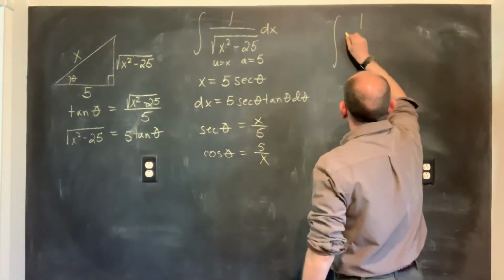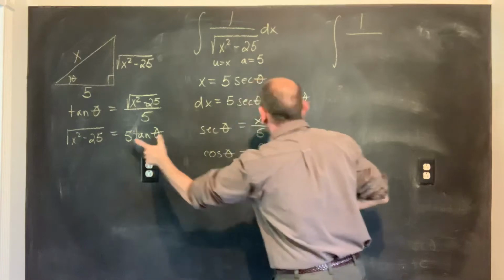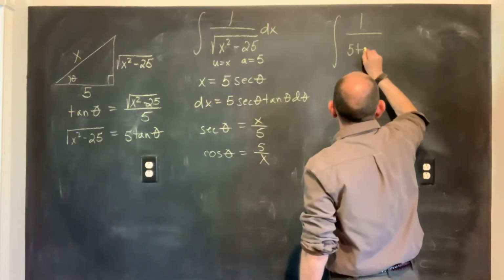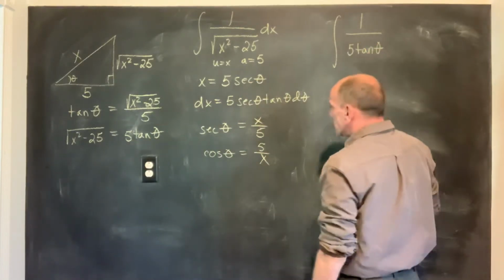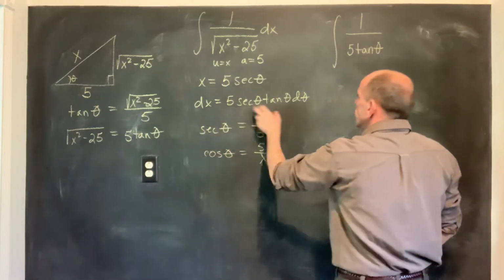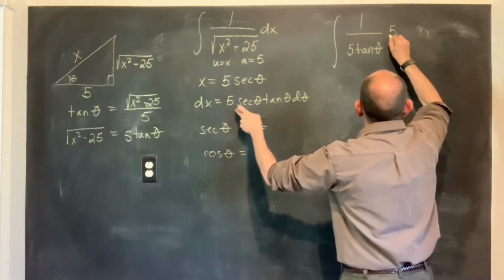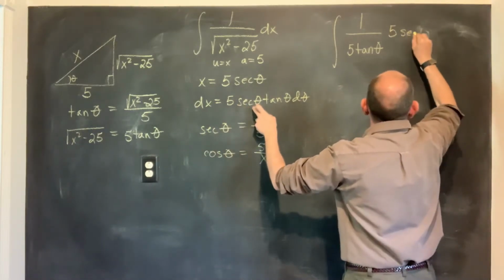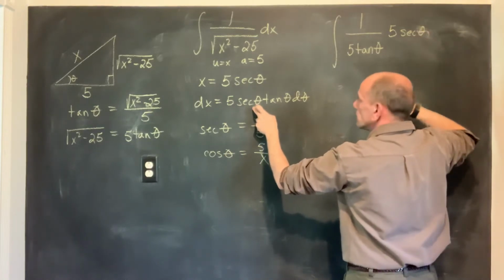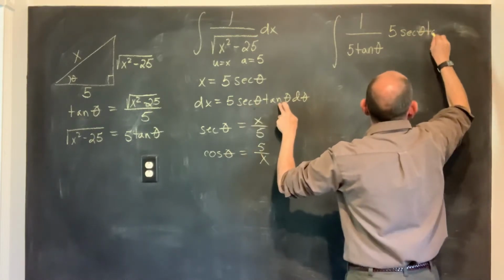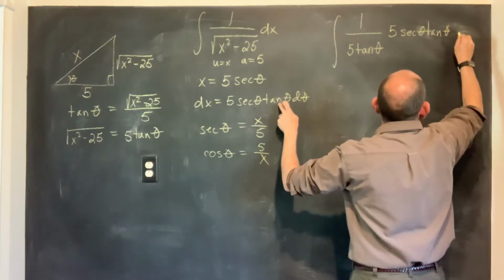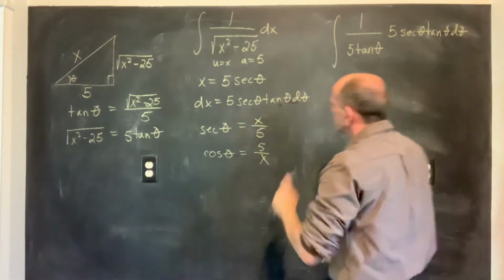Integral 1 over, this root is 5 tangent of theta, dx is 5 secant theta tangent of theta d theta.